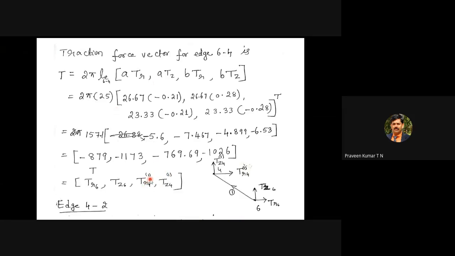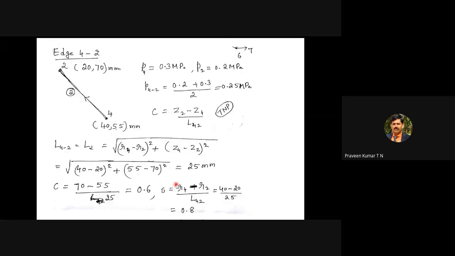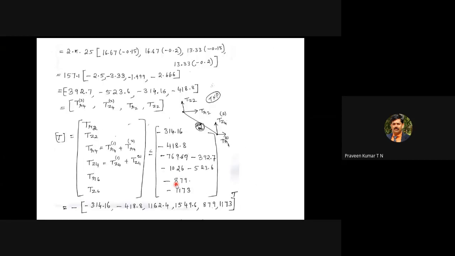It is a contribution from element 1. TZ4 is again a contribution from edge 1, or element 1. So finally, if you consider node 4, we get two components: TR4 from element 1 and TR4 from element 2, and similarly TZ at node 4 from element 1 and from element 2.